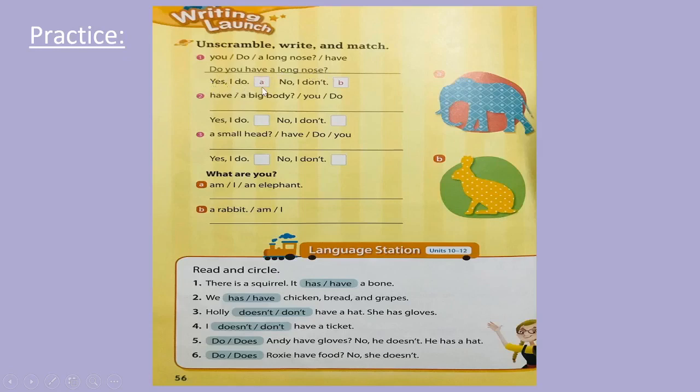So yes, I do is related to letter A, the elephant, right? Okay, and no, I don't is related to letter B, the rabbit. The rabbit doesn't have a long nose.